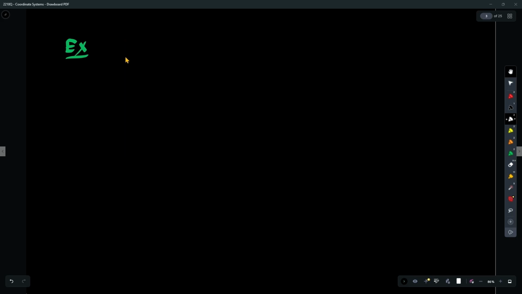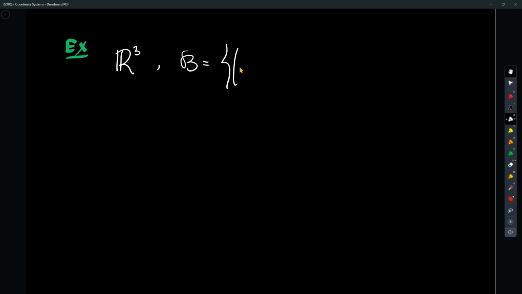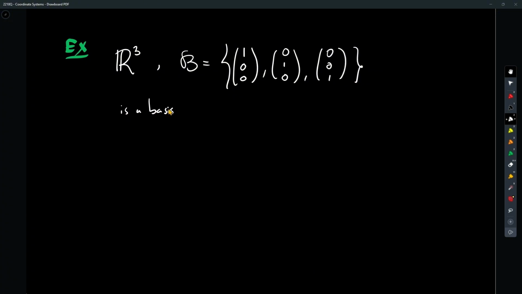So for example, just the simplest example is that for R3, we have the canonical basis. So the vectors 1, 0, 0, 0, 1, 0, and 0, 0, 1 are a basis of R3. And we know that this is very useful in that they span all of R3.